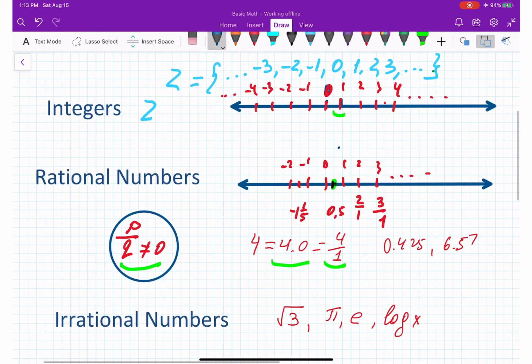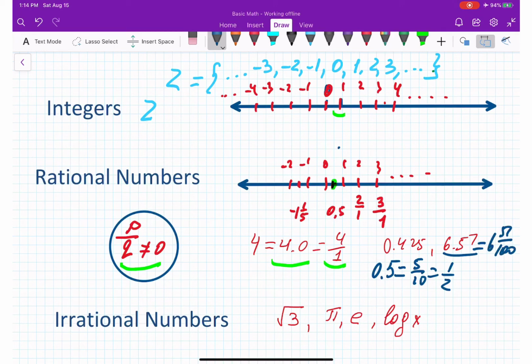I can write down 0.5, which is going to be equal, it's a 5 over 10, which is 1 over 2. It's a fraction. Everything that you can represent as a fraction, that's going to be a rational number. 6.57, that you can represent as a 6 and 57 over 100, also rational.